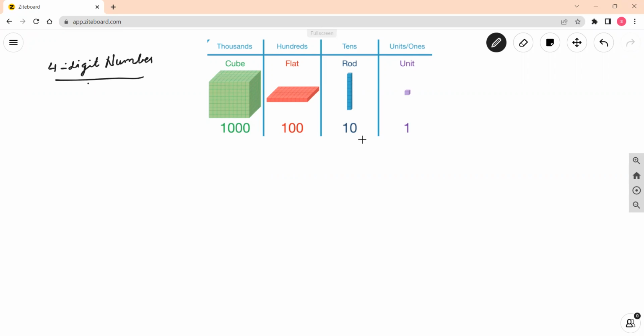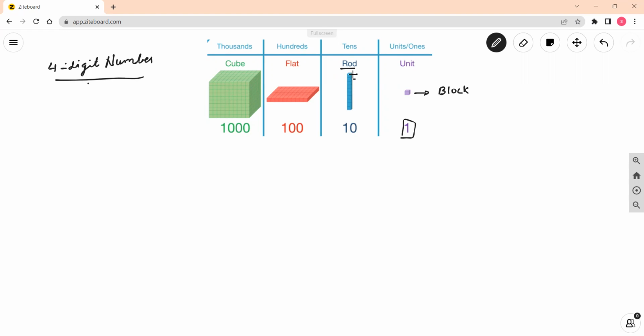So here, if you see the picture, this is called a block. One block is equal to 1. Here, we call this a rod. In this rod, there are 10 ones.